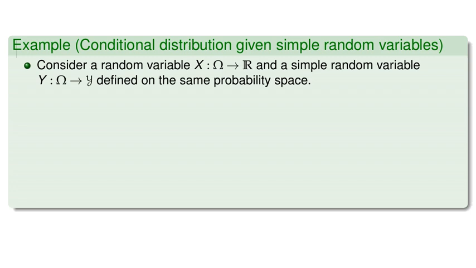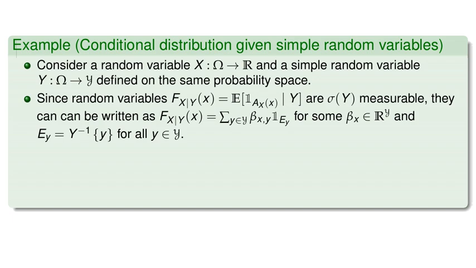Let's revisit the example of conditioning on simple random variables. Consider a random variable X mapping omega to R and a simple random variable Y mapping omega to script Y, both on the same probability space.